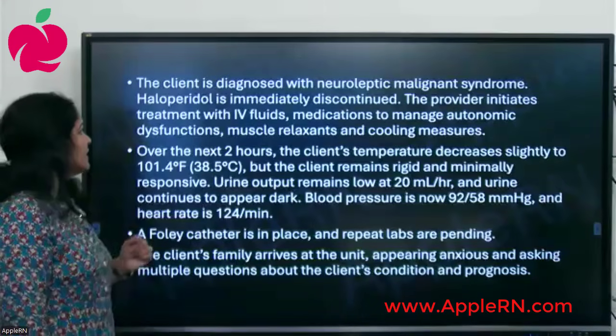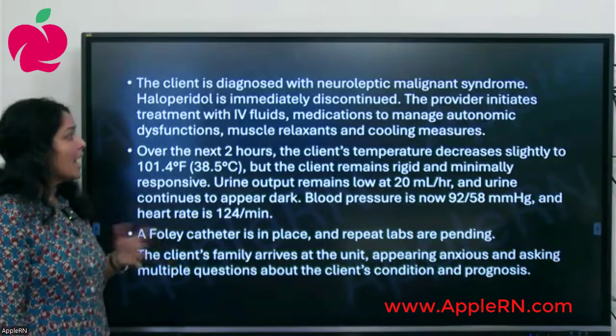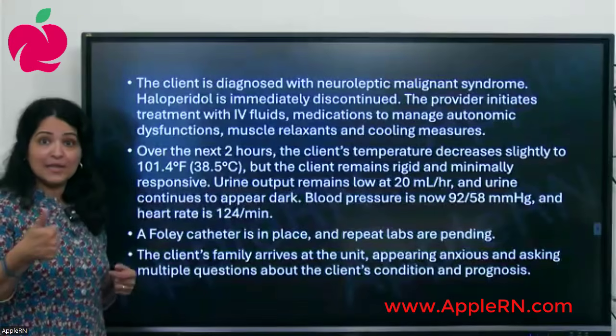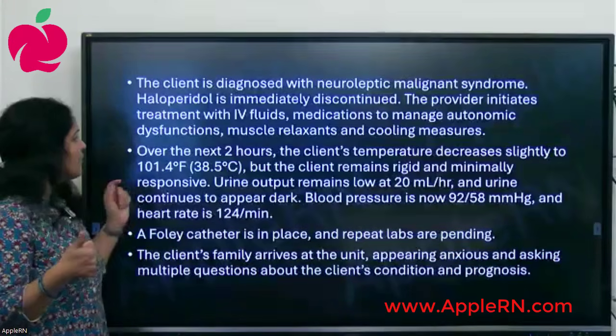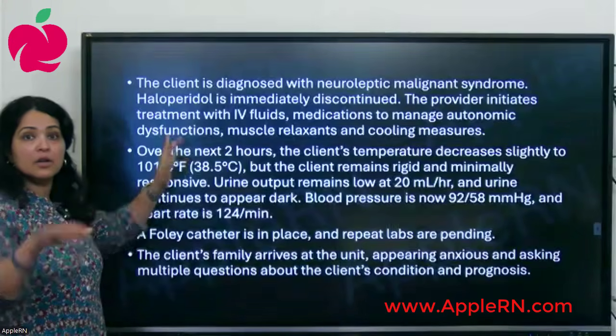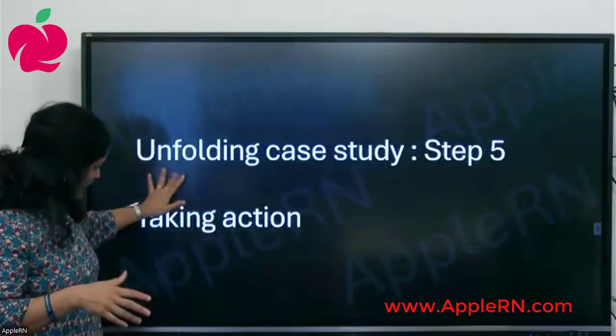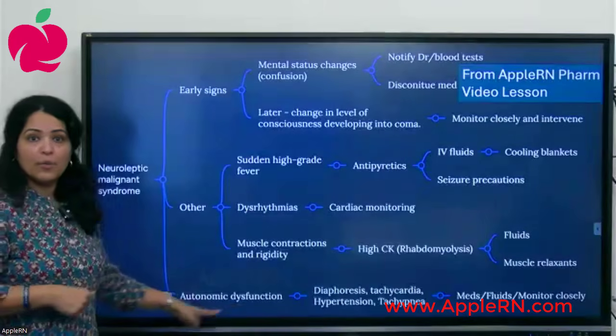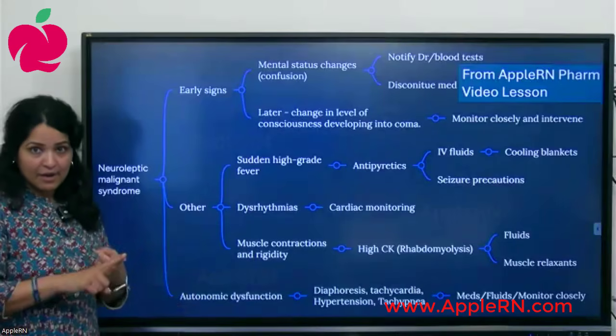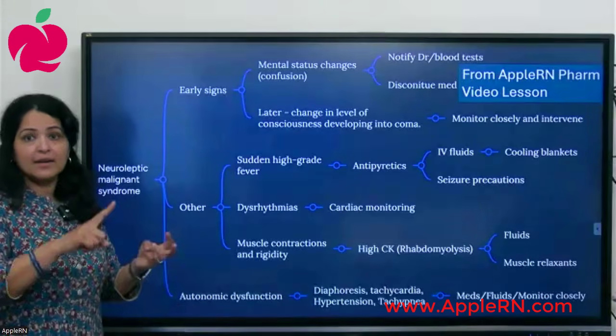The provider initiates IV fluids. Yes, we know that's needed. Medications to manage autonomic dysfunction. Okay, what is that autonomic dysfunction? The diaphoresis, the tachycardia, the hypertension.